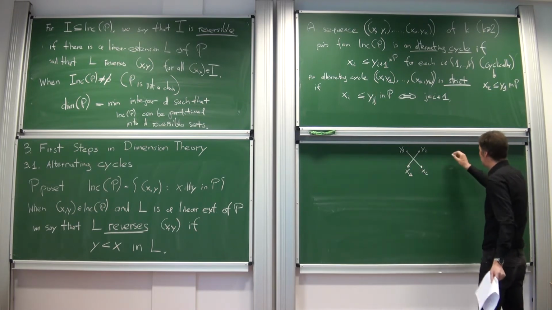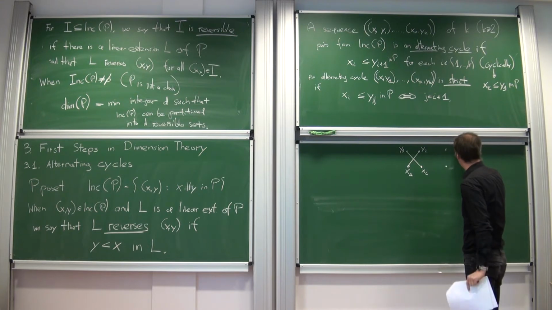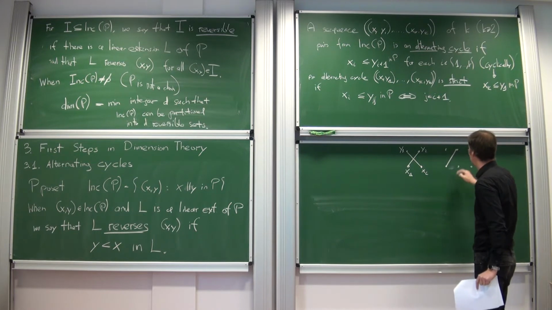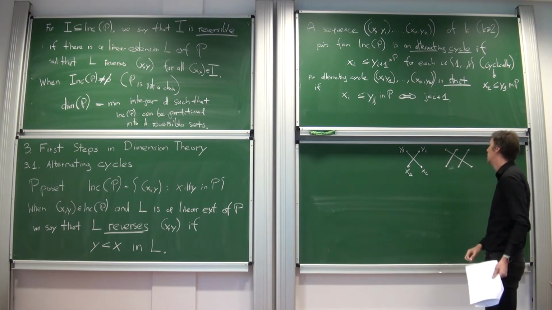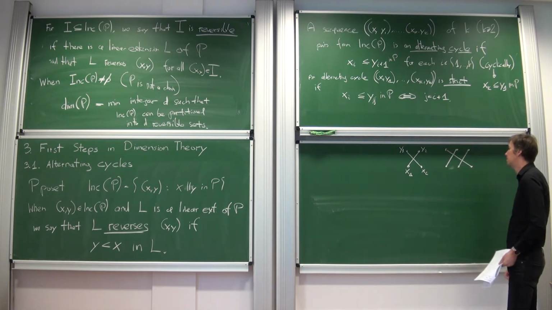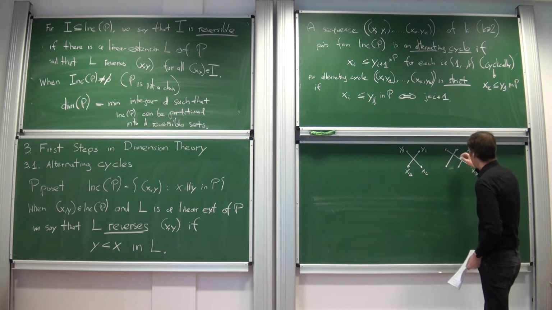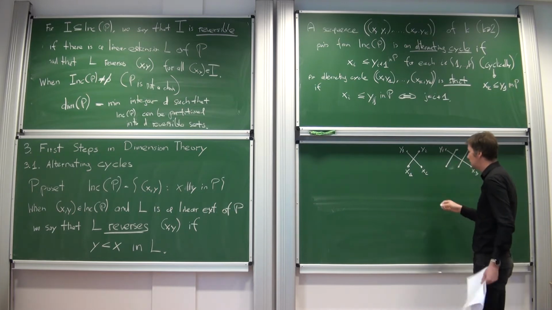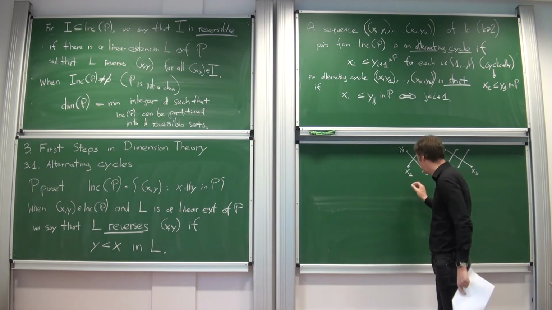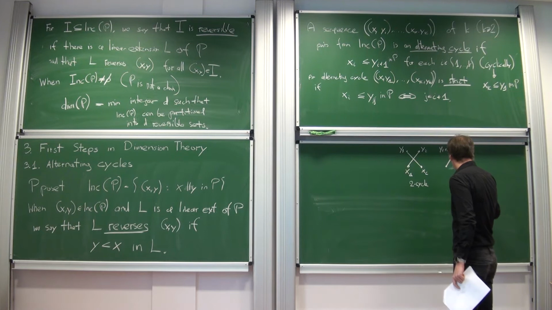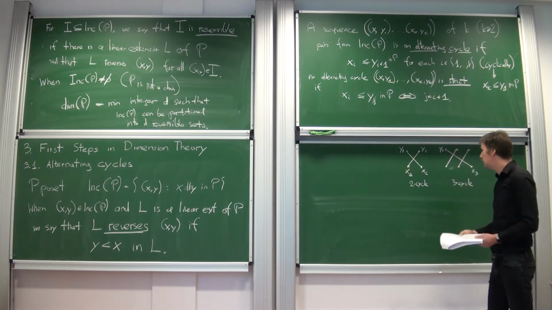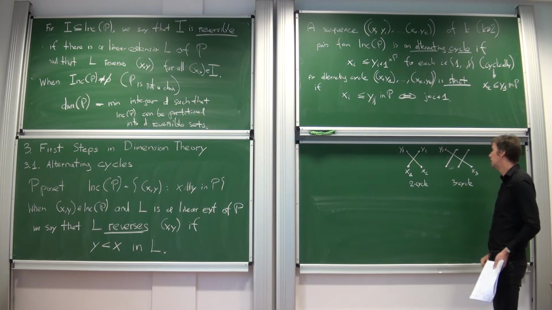For the three cycle, x1 is supposed to be below y2, x2 below y3, and x3 below y1. So this is an alternating cycle of size 2, in short, a two cycle. Now, if these are the only comparabilities, then this is a strict alternating cycle.